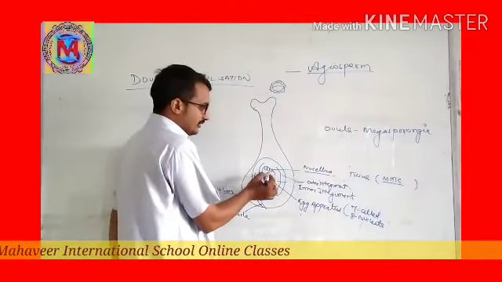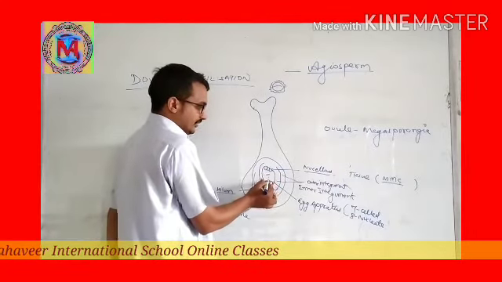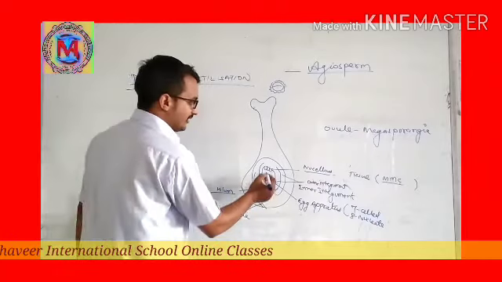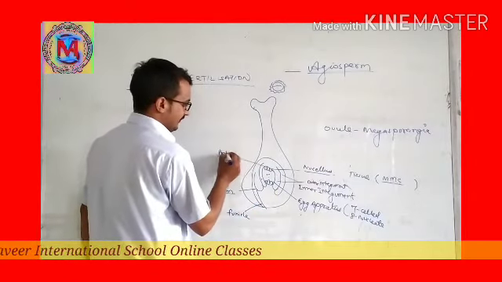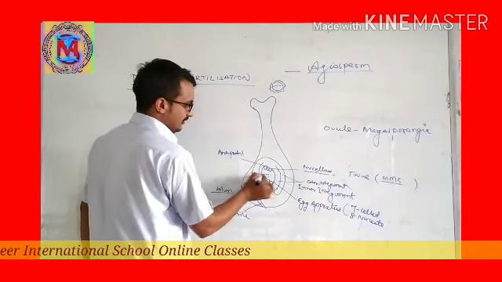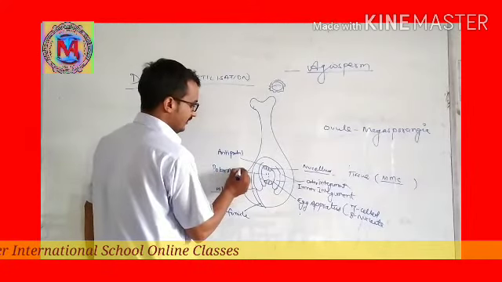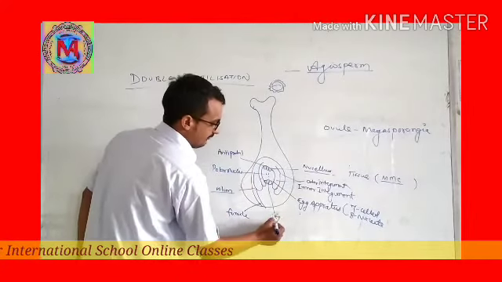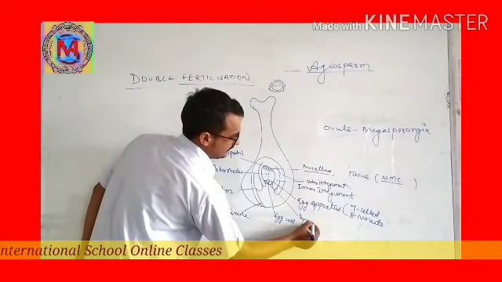There are 7 cells, this whole 1, 2, 3, 4, 5, 6, 7, and 8 nuclei. 3 of these are antipodal cells. These 2 are free polar nuclei, and this middle one is the egg cell, and these 2 are synergids.